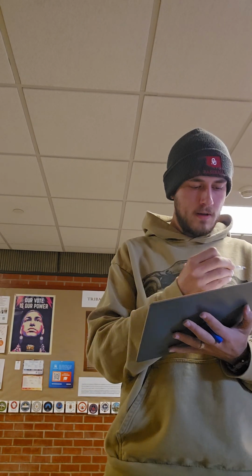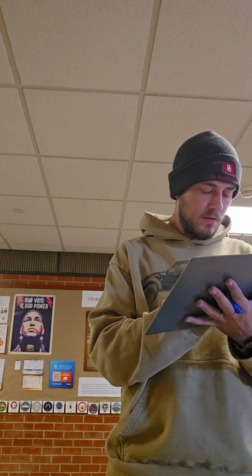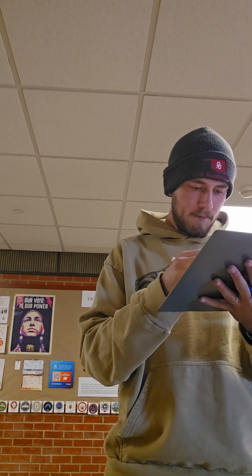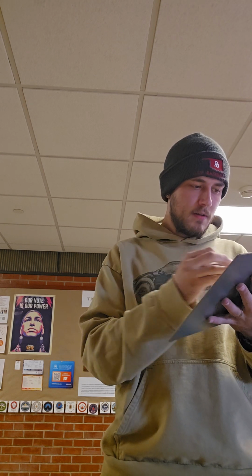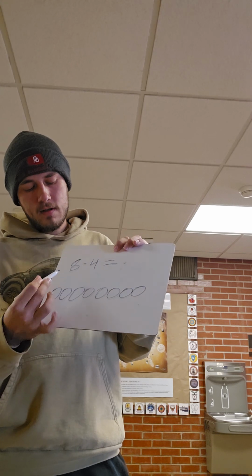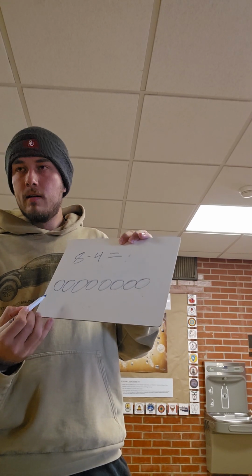All right, so let's do one more example, and I want you to do this one on your own. All right, so these are just going to be balls you're going to be taking away. So we have 8 minus 4. 1, 2, 3, 4.